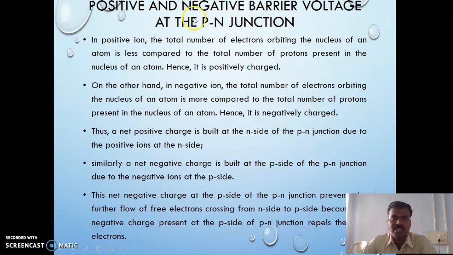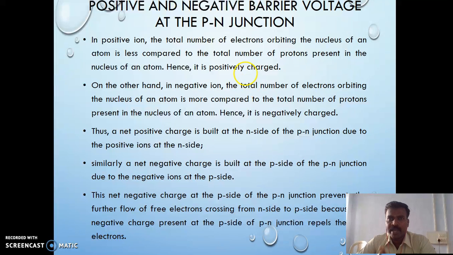The next thing is positive and negative barrier voltage at the PN junction. Already we know the creation of positive ions and negative ions. Barrier voltage means something that is going to stop movement. So the positive ions and negative ions work as a barrier voltage.